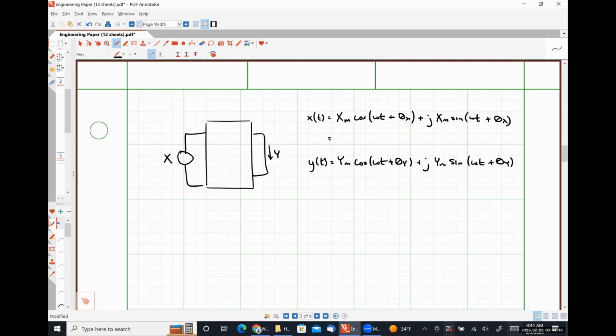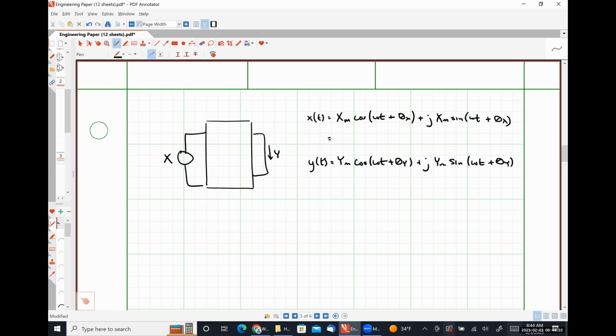So if you look at that list of trig identities that I gave you guys Wednesday, the 9th one was what I called Euler's identity. Euler's identity relates complex numbers to sinusoids, right?